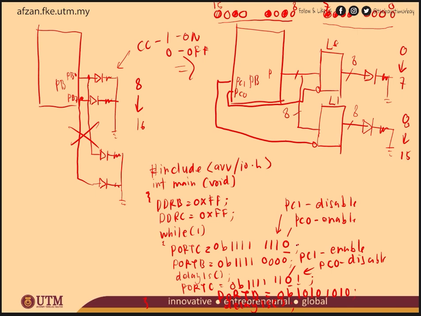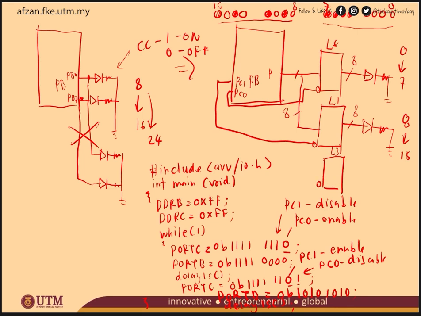Let's say now you're going to increase from 8 to 24 LEDs. How to do that? You need to add another latch here, the third latch.